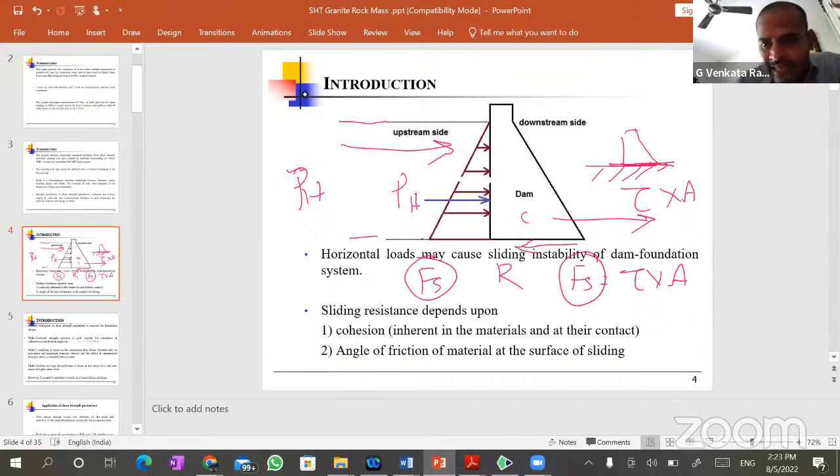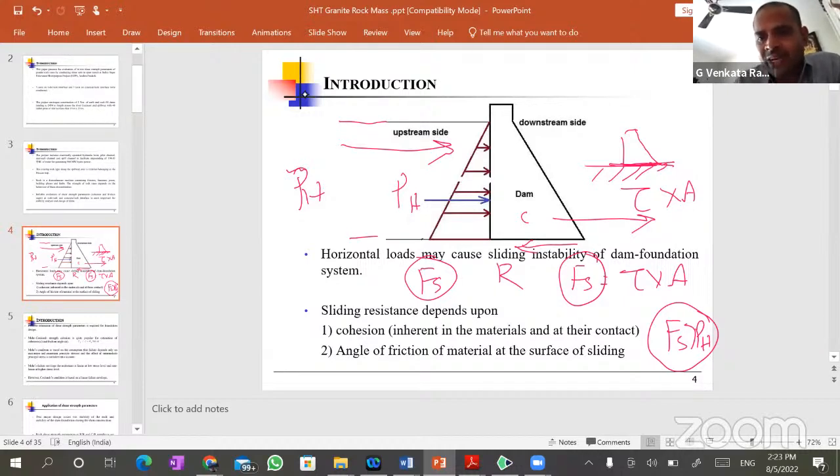If the resistance offered by the interface is more than pH, then we are all safe. Otherwise, we cannot predict the disasters. It is very problematic. The entire downstream side may be totally submerged. So we have to avoid that kind of massive failure.